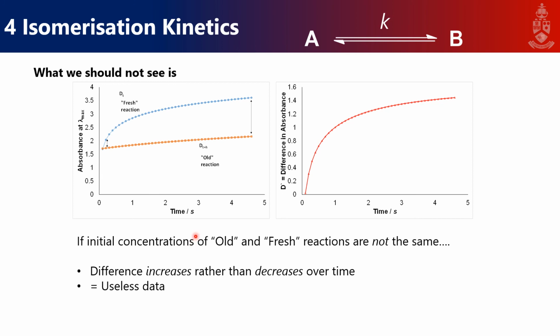If you had a higher concentration for your fresh reaction than your old reaction, your absorbance is of course going to be higher, and you're going to see that in the difference between the two absorbances. Your difference increases over time, and it gives you the inverse of what you really want. That means you end up with data that's really not usable.